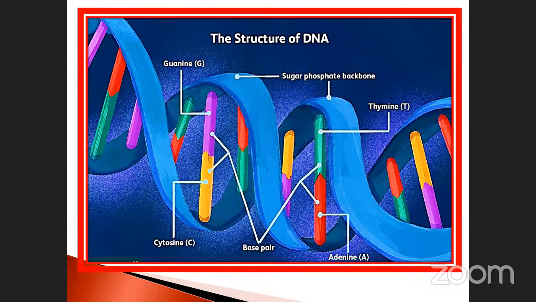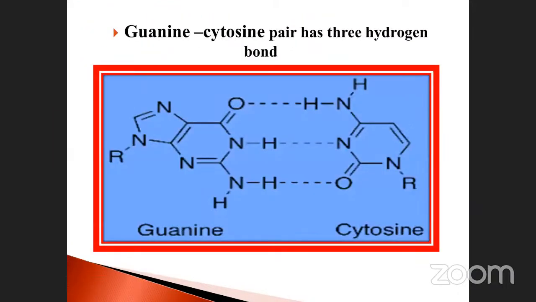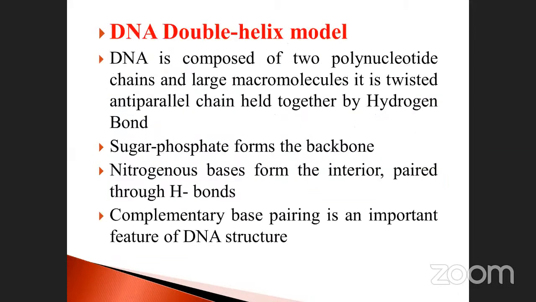How will it be joined? Because of the presence of nitrogen bases, with a bond in between, 3 hydrogen bonds, 2 hydrogen bonds. See this one. Okay. Base pairing is an important feature of the DNA molecule. The nitrogen bases form the interior, paired through hydrogen bonds.